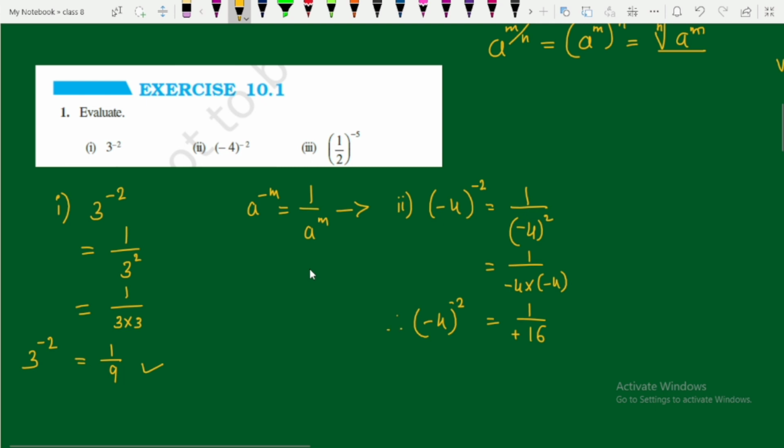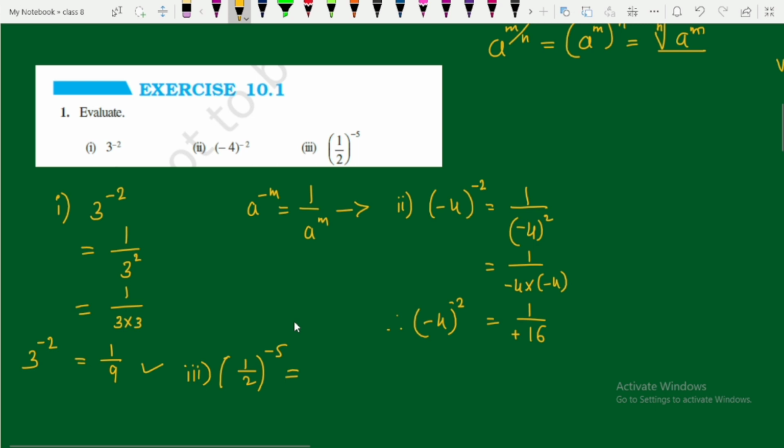Okay, yes. Next one is half raised to minus 5. Third question. Okay, yes, third question we will do here. So that is 1 upon 2 whole raised to minus 5. So you have already seen when the power is negative and it is in a fraction, you have to take the reciprocal to convert it into a positive power.